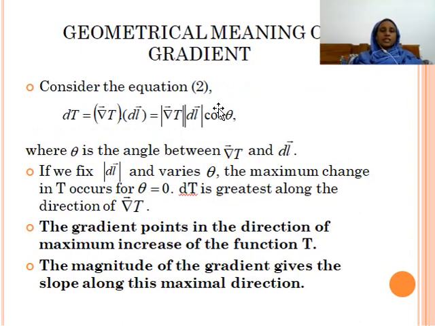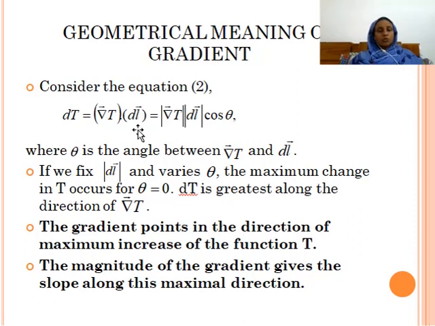Now, in order to get its geometrical meaning, we can write this change in temperature dT in a new form. Now we know that dT equal to gradient T dot dl, where dl represents the infinitesimal displacement vector.